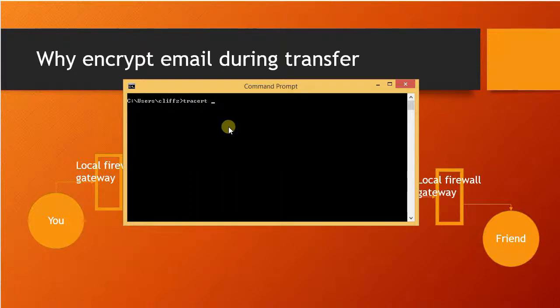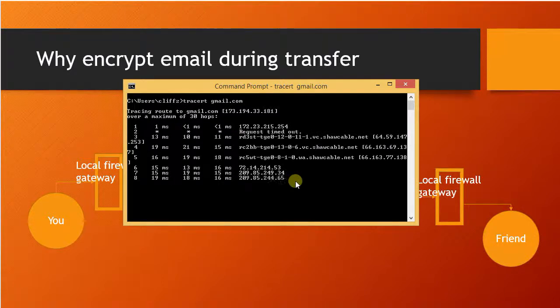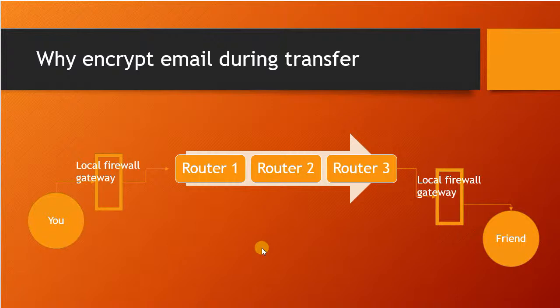If we type the trace command for gmail.com, it checks all the hops. Basically it's 9 routers. It will travel through 9 routers until it hits the final destination. Okay, so this is a typical internet communication.